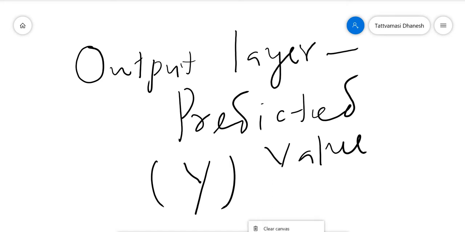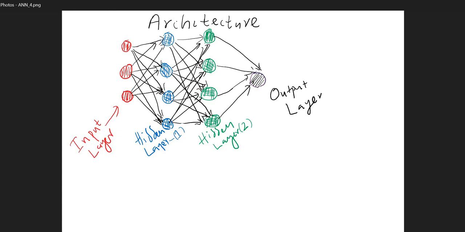Now let us look at this figure. In this figure, each circle represents a node. Each node is connected with the next node in the next layer by an arrow, and these circles are connected to each other by black arrows.